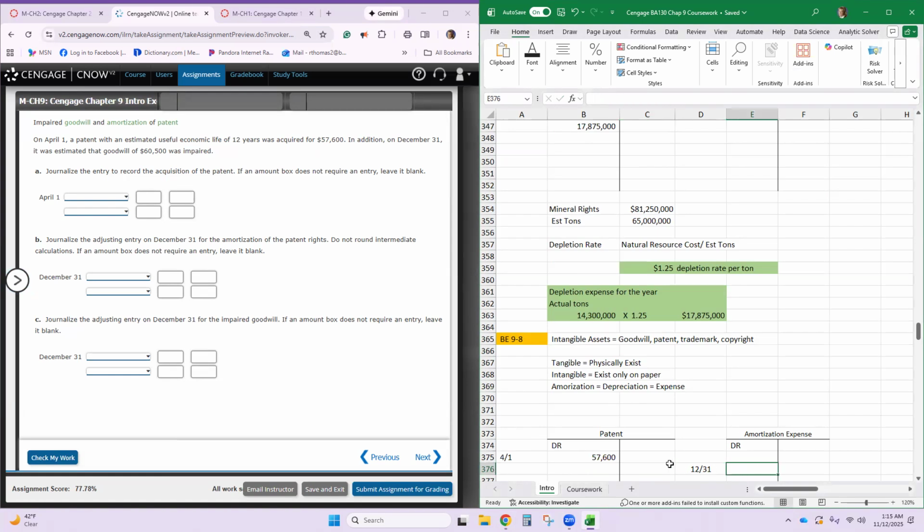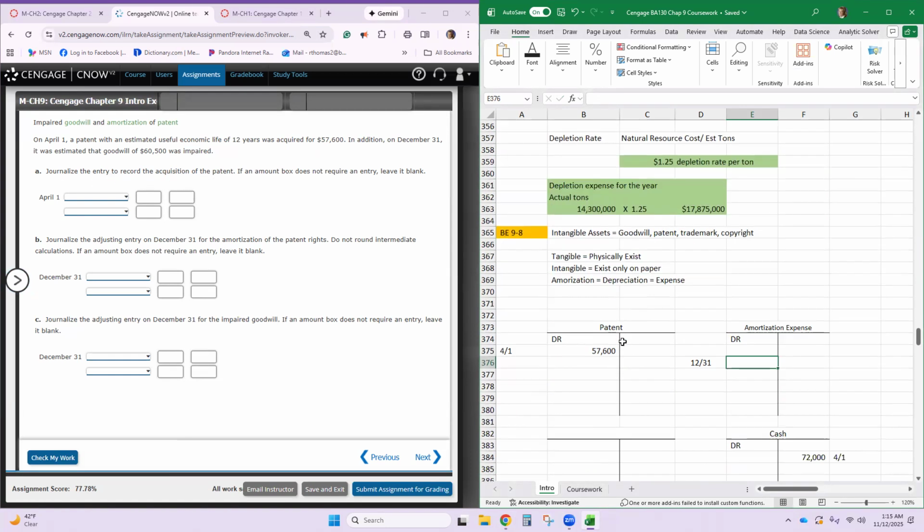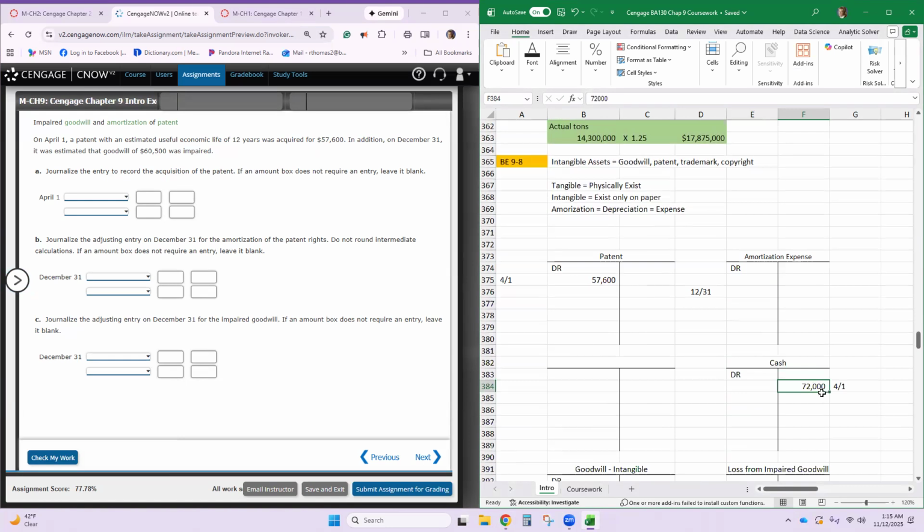Okay. All right. Journalize the entry to record the acquisition of the patent. Okay, so this is going to happen here. All right, so we're going to bring the patent in to its own account. Just like any other asset, it's going to have a debit normal balance and pay cash for it.